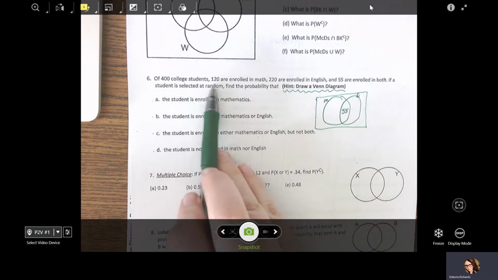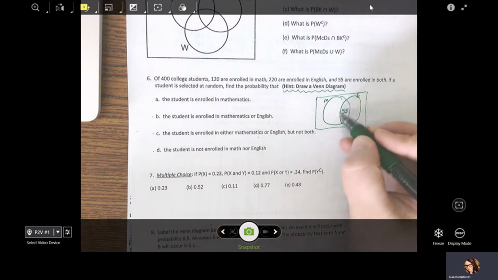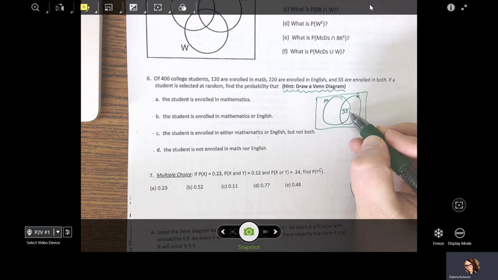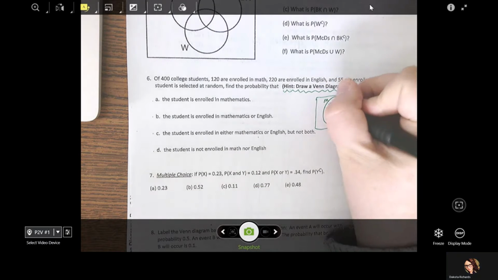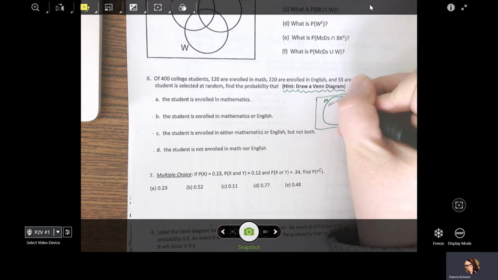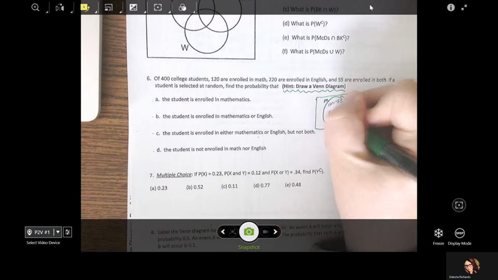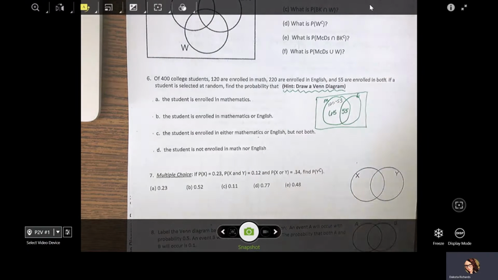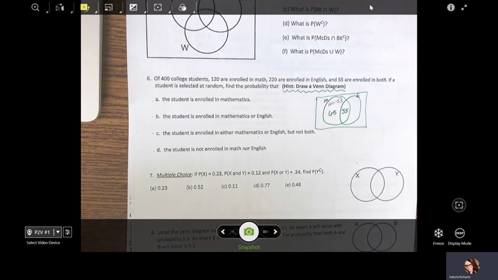Okay, it says 120 students are enrolled in math. So we've already accounted for 55, so you're going to take 120 minus 55, and you should get 65. Okay, so all the numbers in that circle need to add up to 120, and they do. 65 plus 55 is 120.